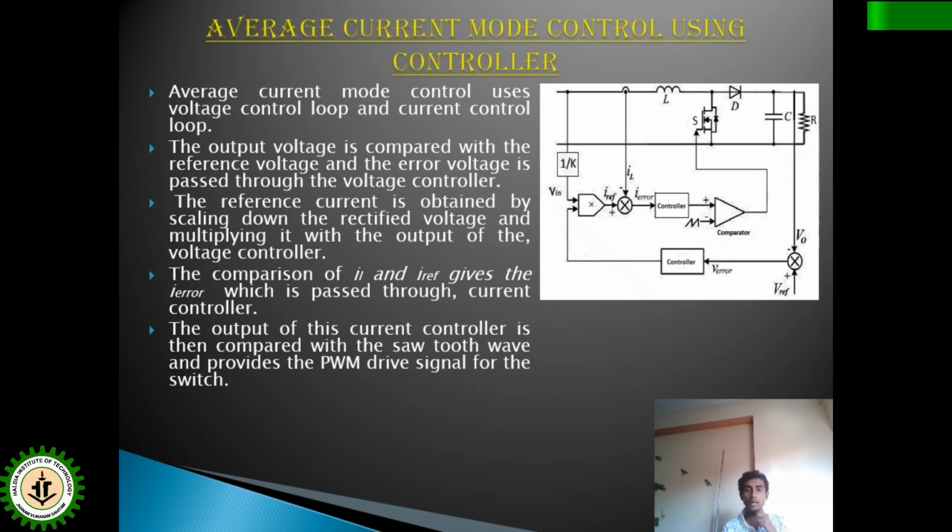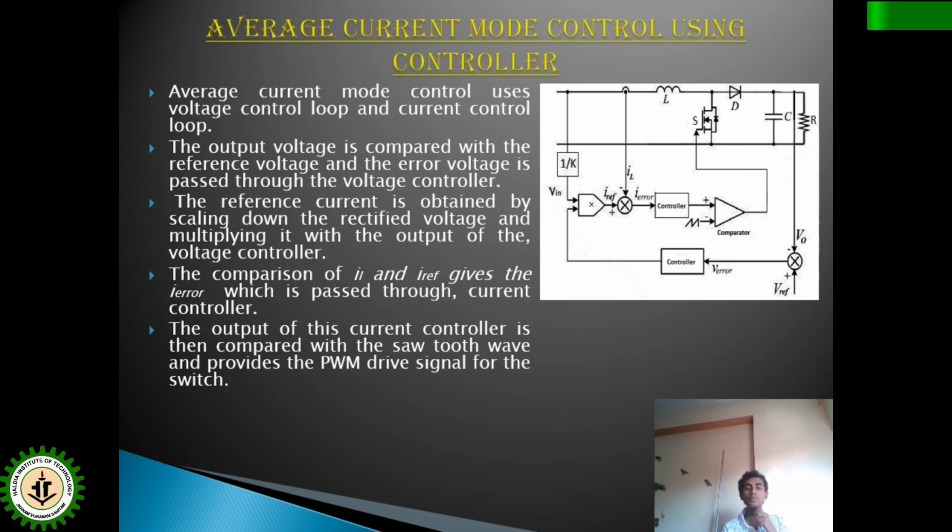So to create that, the input voltage, that means the rectified DC voltage which is fed as the input of the chopper, will be multiplied by a factor 1 by K. That will be multiplied by the actuating signal from the controller, which is the voltage controller, so that the reference signal Iref can be generated.